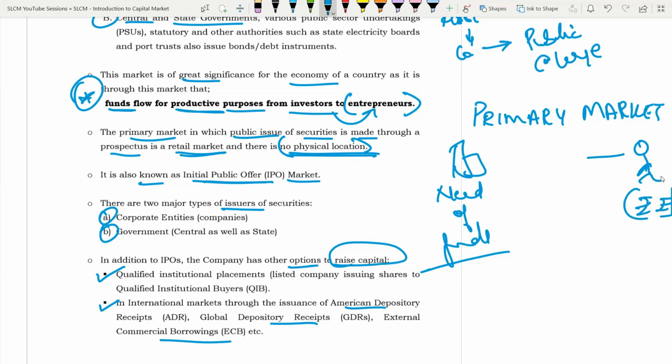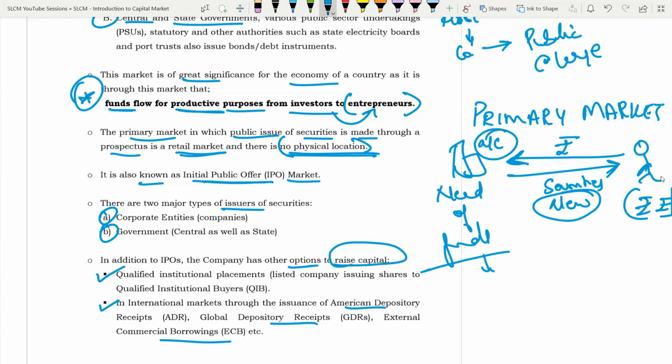So here we transfer the funds to the company, and in lieu of the funds, the company issues securities. This first-time transfer, when the new securities are created, happens in the primary market, and the securities are directly issued to the investors, and the money received by issuing the securities is also transferred to the account of the company itself, where it is utilized to fulfill the needs of the business undertaking.